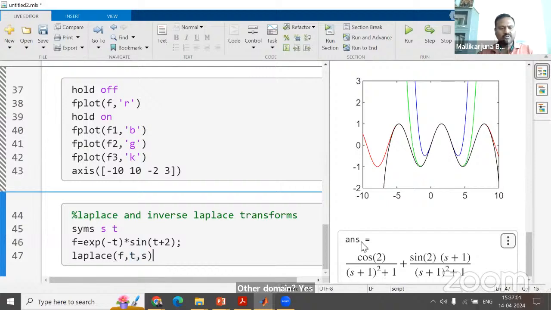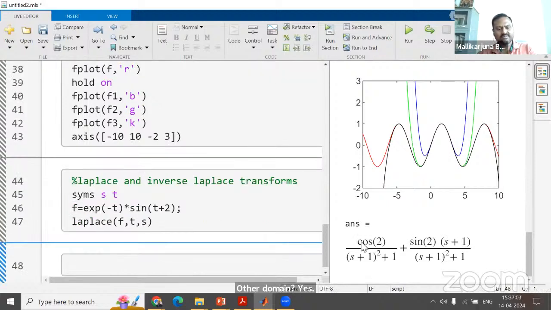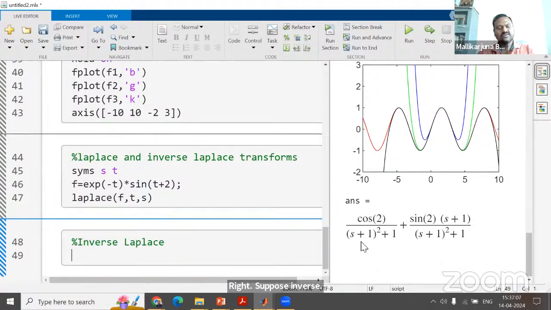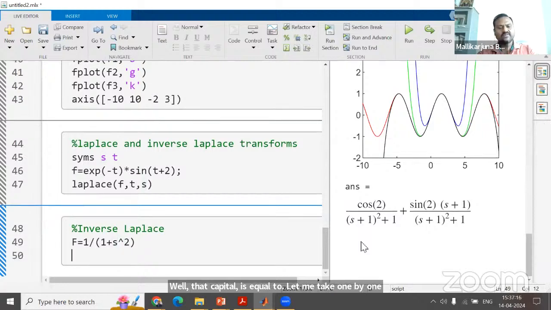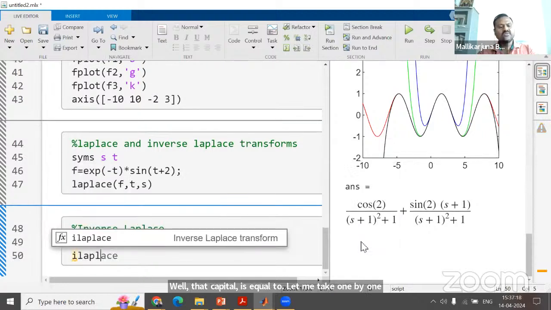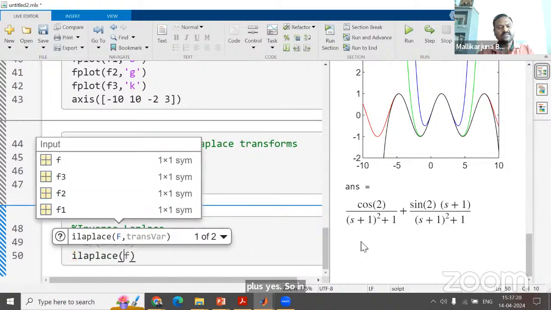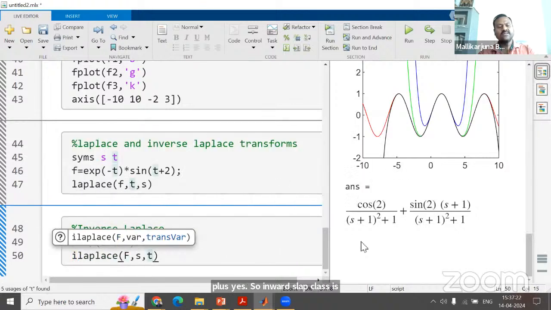Suppose inverse. What is the inverse Laplace? For that, capital F is equal to, let me take, 1 by 1 plus s square. So inverse Laplace is ilaplace. Capital F, s comma t.